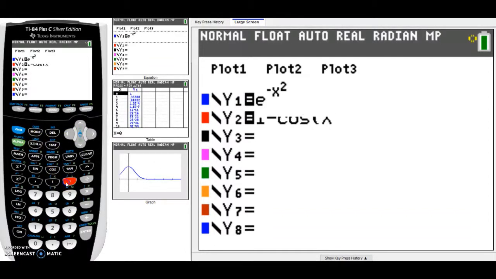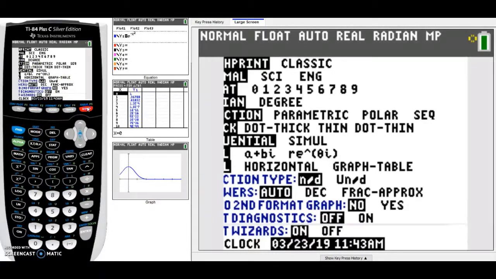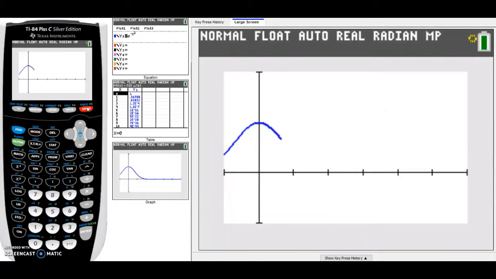And we want to make sure that our mode is set to radians. Calculus class, we use radians. And if we graph this, we should get something similar to the graph that they've provided us. So there's the 1 minus cosine x in blue, and then e to the negative x squared in red.